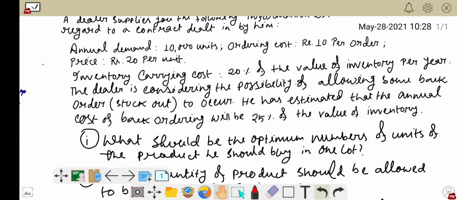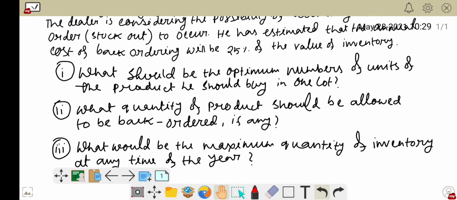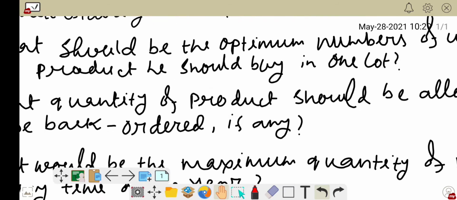Okay, so these are all the information given in our problem, and now it is written like the requirement what we have to calculate. Number one, what should be the optimum number of units of the product we should buy in one lot.